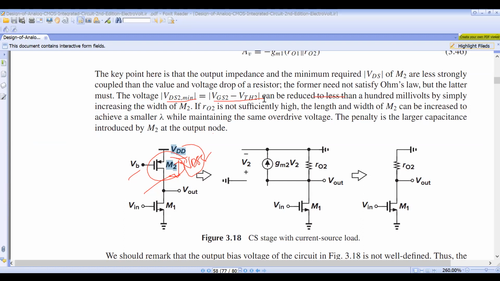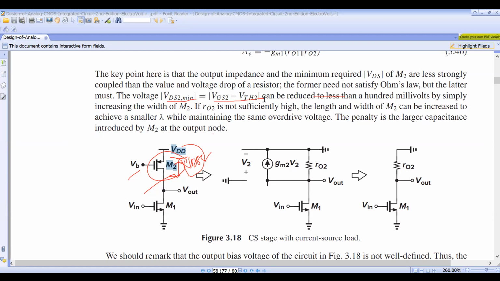So if R02 is not sufficiently high, the length of the M can be increased to achieve a smaller lambda while maintaining the same overdrive voltage. The penalty is the large capacitance contributed by M2 at the output. What is the meaning? In the earlier case, we know R0 is the device output resistance, small r0.